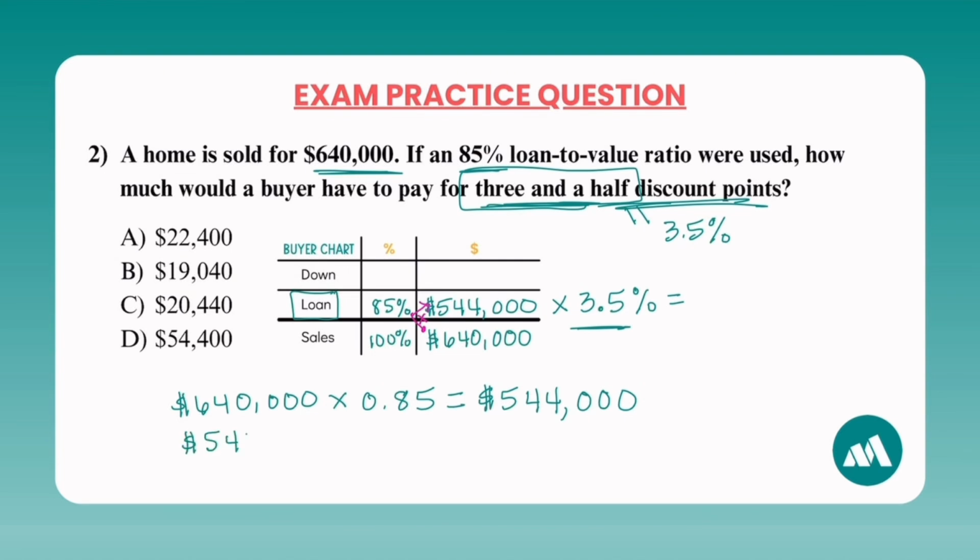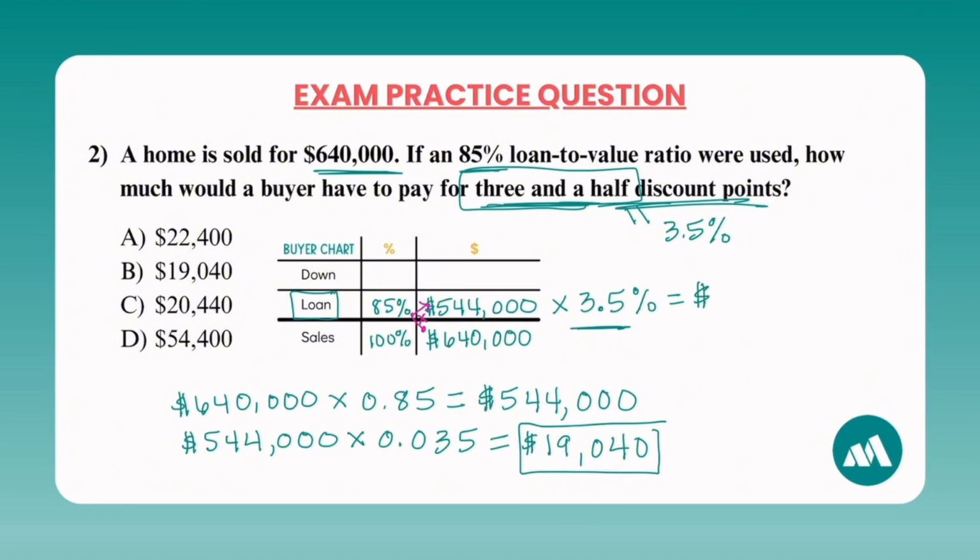So $544,000 times 0.035 equals $19,040. So we know that they paid $19,040 for 3.5 discount points. So the answer here is B.